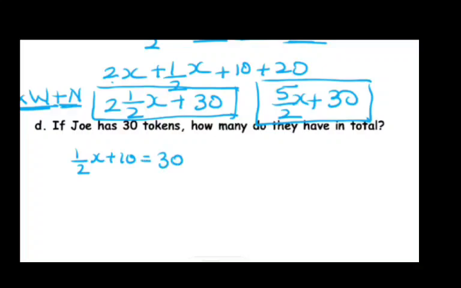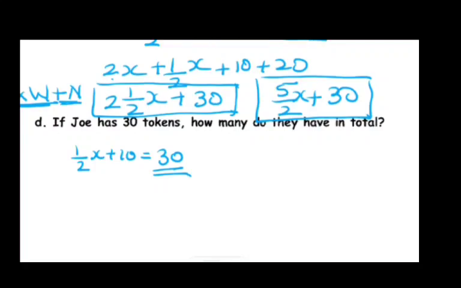Correct? This is what it means if Joe has 30 tokens. How much will Corey have? So, this is Joe's number. Should we first find out the value of x?